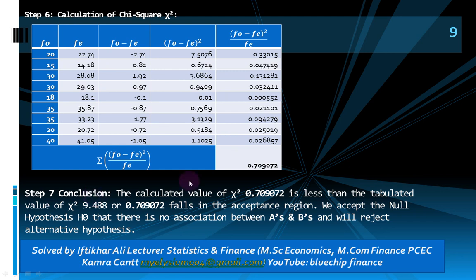So the calculated value of chi-square, which we calculated here, 0.709072, falls in the acceptance region because it is less than the tabulated value 9.488. So in this scenario, we accept the null hypothesis and reject the alternative hypothesis.